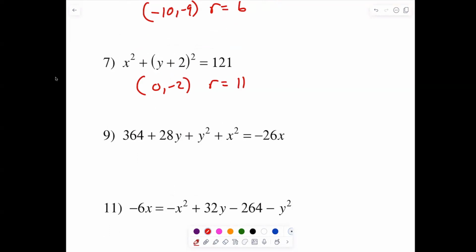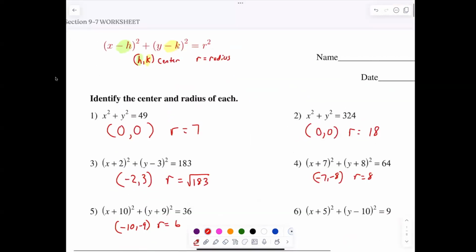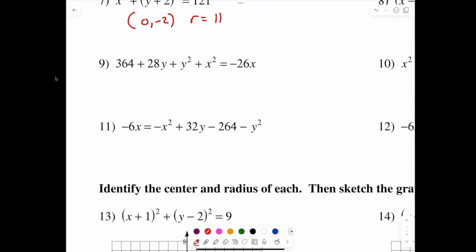Now we have a problem. Number 9 is not written in standard form. Standard form is what they consider this up here. This is generally called the general form, but it's not even written properly because the x's and y's aren't grouped together.